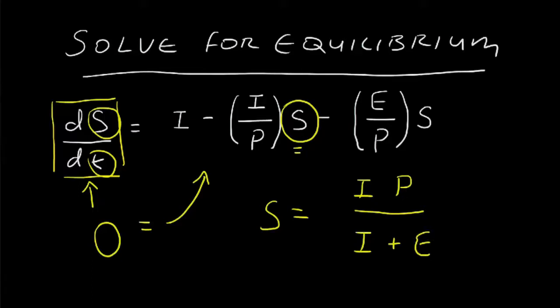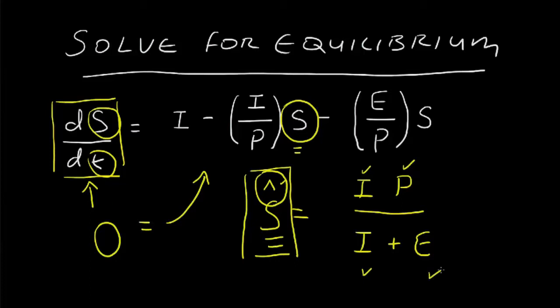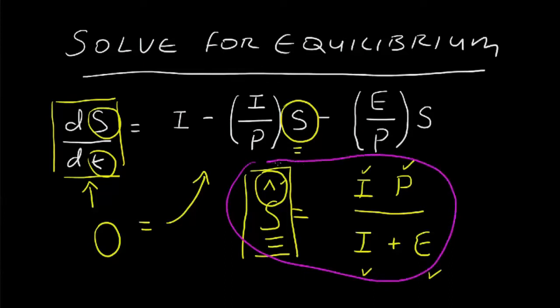The number of species that we would expect at equilibrium, and to represent that, I'm going to put a little hat on top of S. So the number of species at equilibrium, represented by this little hat, S hat, is now the immigration rate times the number of species in our mainland source pool divided by immigration rate plus extinction rate. So this is our new expression that allows us to solve for equilibrium.